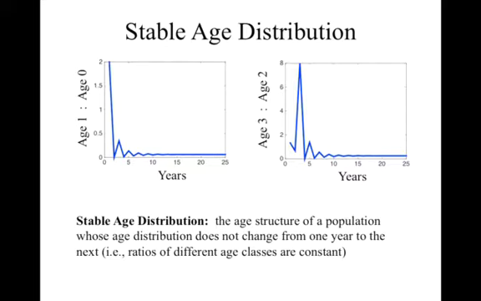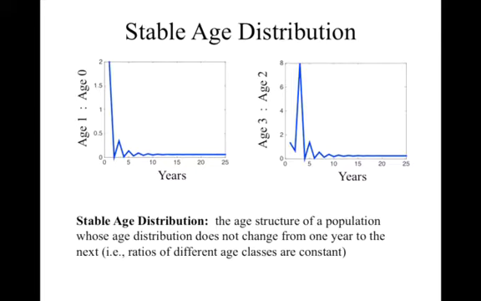So when those ratios stabilize, when they become the same value one year after the other, we say that the population has reached a stable age distribution. That's the age structure of a population whose age distribution does not change from one year to the next. In other words, those ratios of age 1 to age 0, or age 2 to age 0, or age 1 to age 2, or age 3 to age 2, no matter what ratio you pick, it's the same from one year to the next.